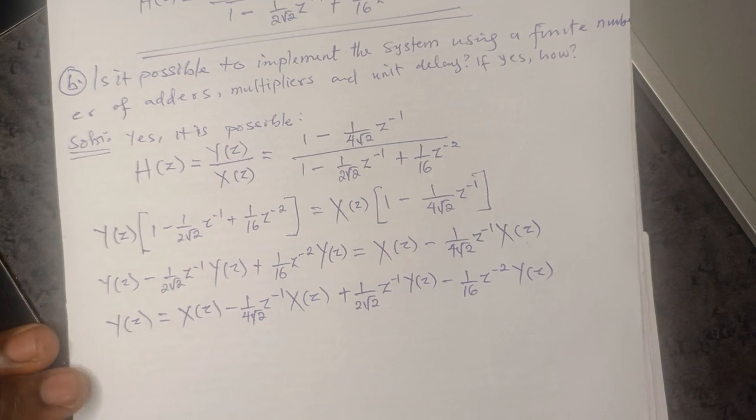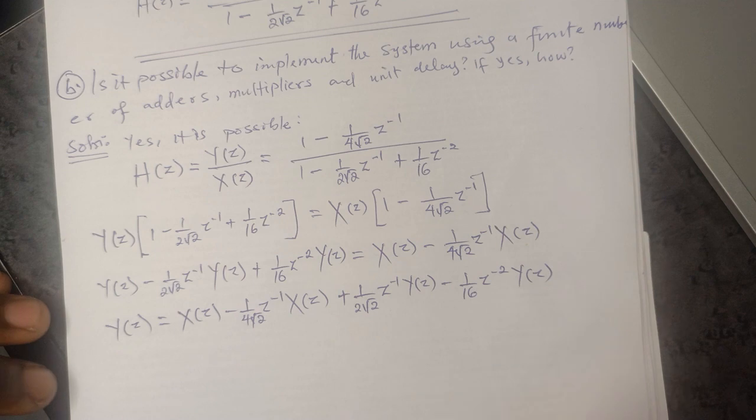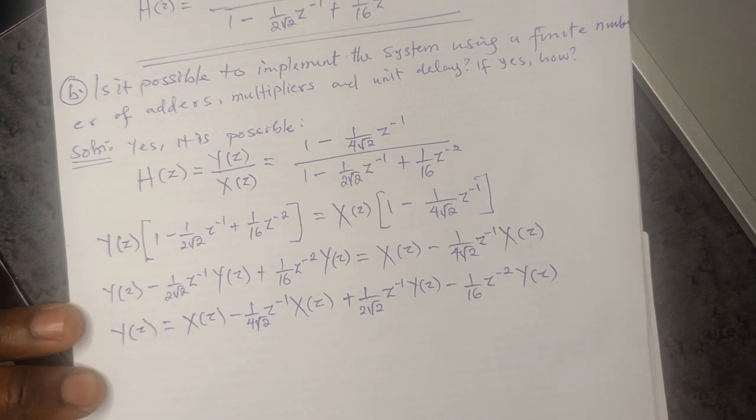So now this expression can be converted back to the time domain. It is in the z domain now, so we want to return it back to the discrete time domain, and we do that simply by reversing the situation.